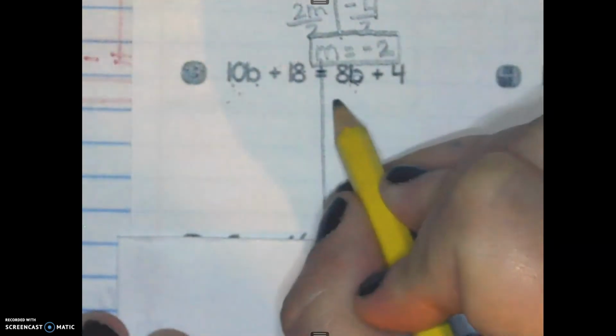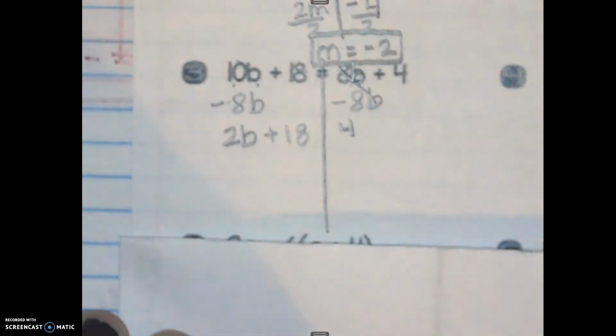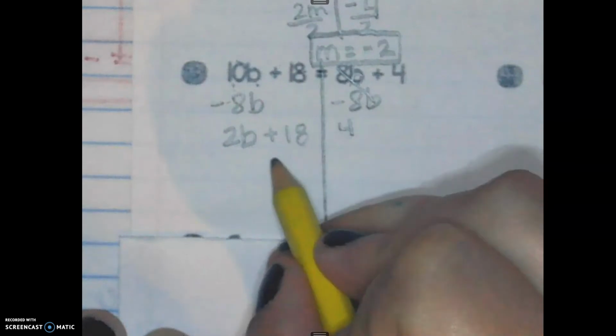So I'm going to move to the one that has the bigger coefficient. 10 is the bigger coefficient, so I'm going to move my 8b. This cancels, leaving me with 4. 10b minus 8b is 2b plus 18. Then we're going to subtract 18 from both sides, leaving 2b and negative 14. Divide both sides by 2. And I get b equals negative 7.